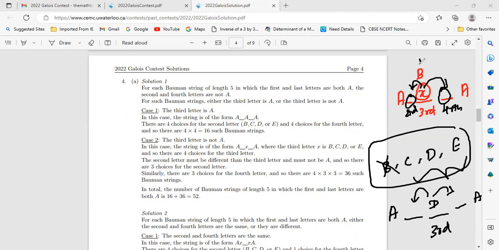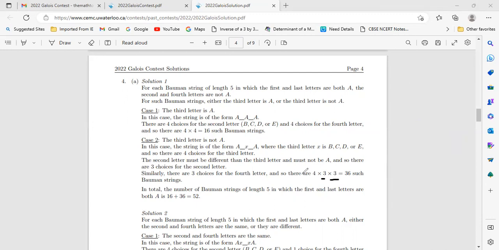Anyway, you're going to keep one letter in the X position. If you choose that, you're not allowed to choose the same letter for the second position or the fourth position. So it's going to be 3 choices for the second position and 3 choices for the fourth position. Okay, so it's 3 into 3.